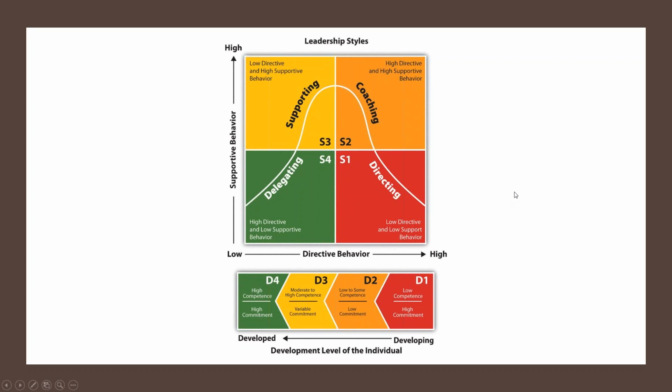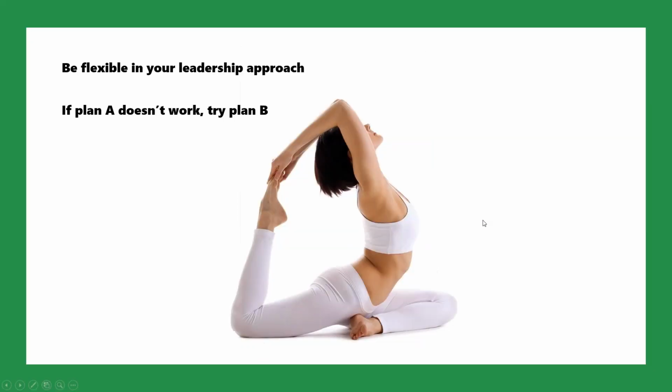So in other words, the team was actually saying to the leader, we need you to be more directive and not to consider consulting us in those occasions where it's obvious that it's already happened. So your job is to be as flexible as you possibly can. If plan A doesn't work, try plan B or C or D, depending on the circumstances.